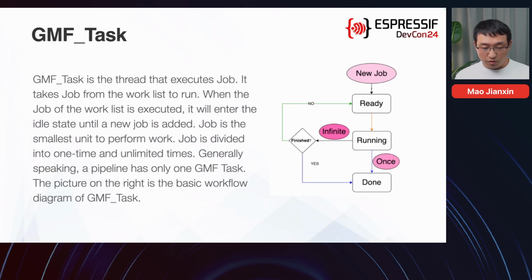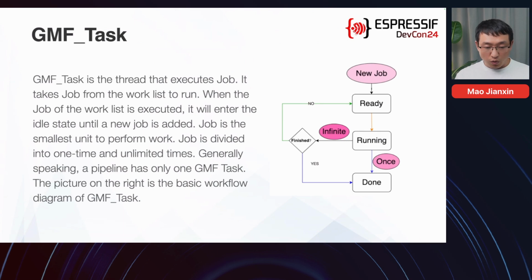GMF task is the thread that executes jobs. It takes jobs from the work list to run. When the jobs of the work list are executed, it will enter the idle state until a new job is added.